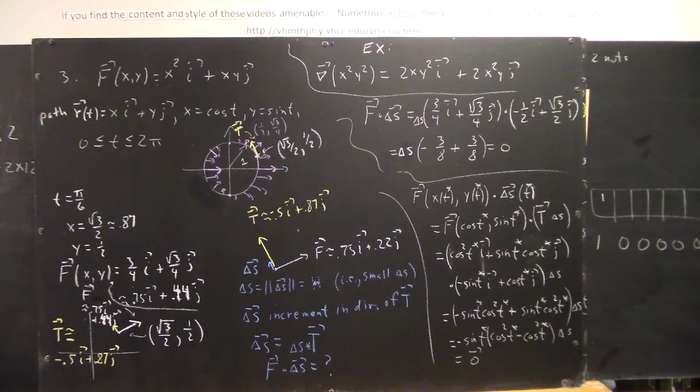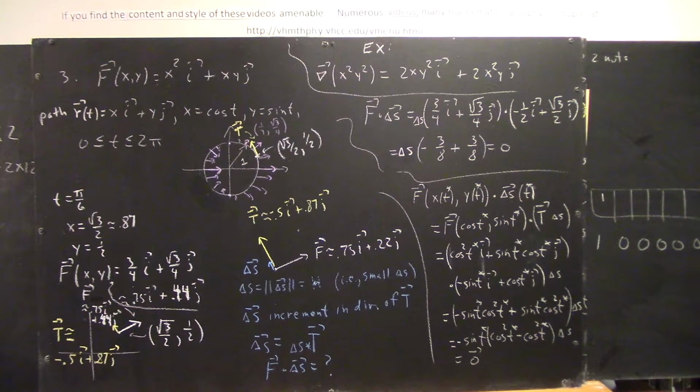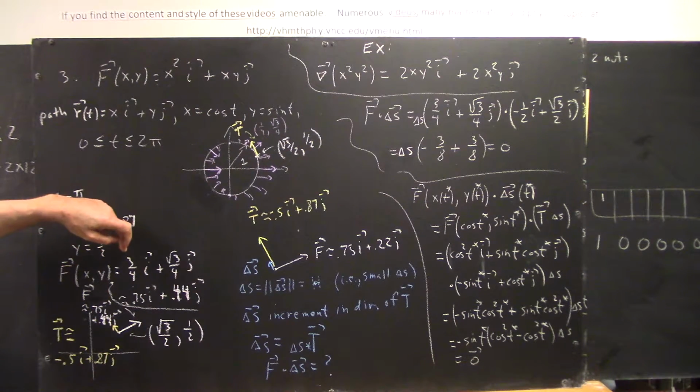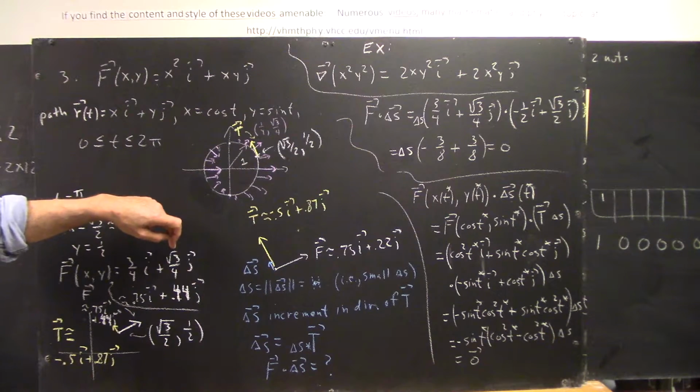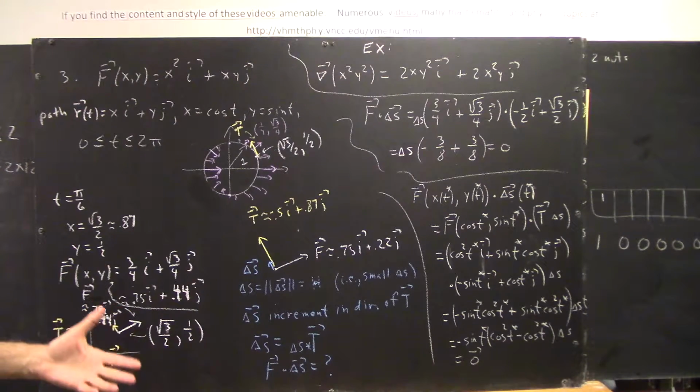Okay, well, down here I kind of enlarged things now. Here's our point, square root of 3 over 2, 1/2. Here's our f, approximately 0.75i plus, corrected, 0.44j, or 3/4 i plus the square root of 3 over 4 j. The vectors kind of look like this. It looks like they might be perpendicular. I still didn't believe they were.